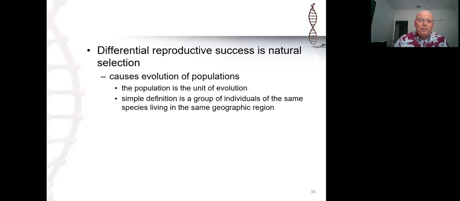It's the predominant phenotype or phenotypes of the population that change as a consequence of more and more individuals in the population carrying those traits. So it's not an individual that evolves, it's a population that evolves.